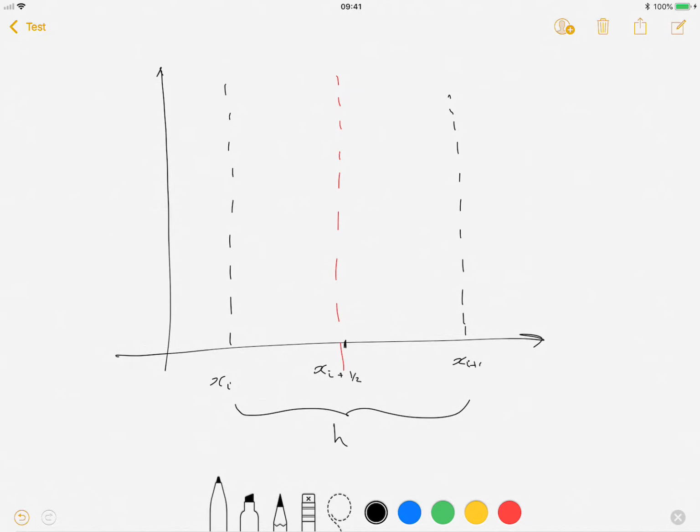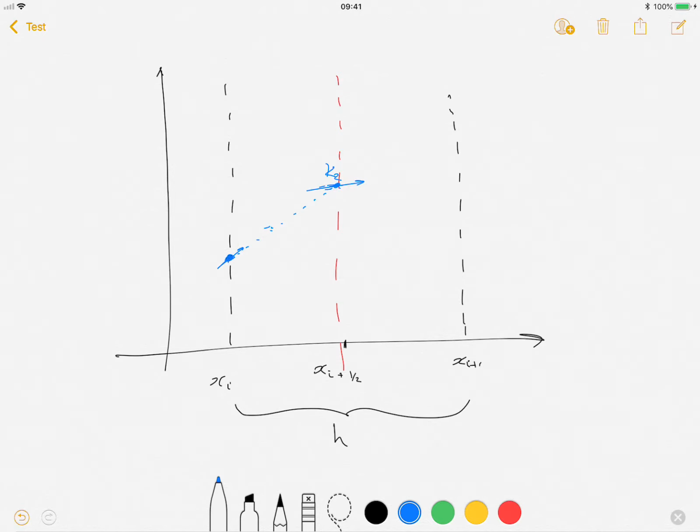Okay, so initially I start out at, let's change color, at xi, and I use the slope here, which is k1, and I find what the slope term is at this point, at x of i plus a half, y of i plus a half k1 times h, and I calculate this slope here of k, which is k2.